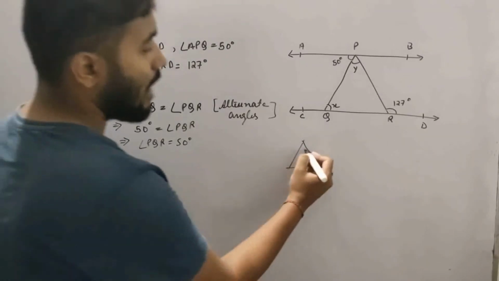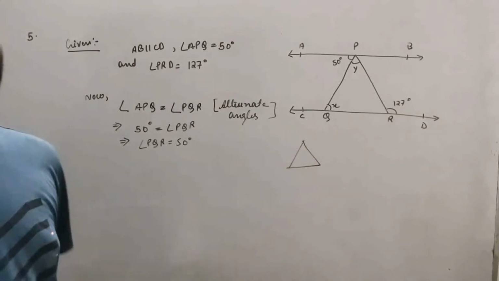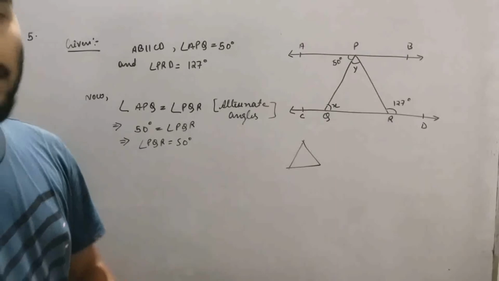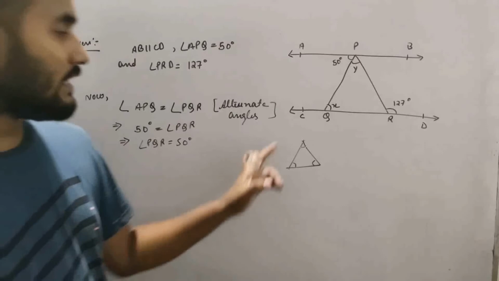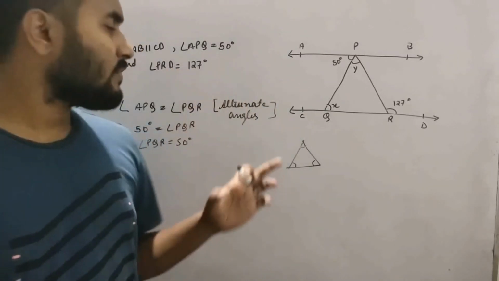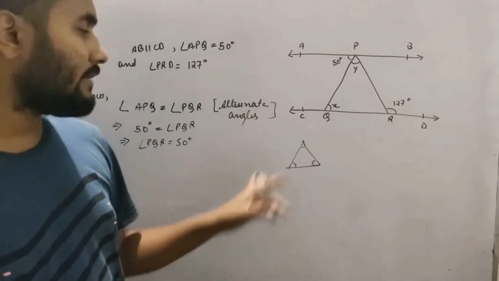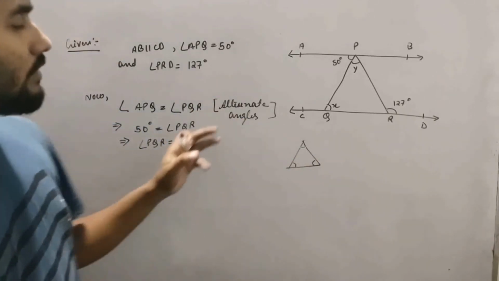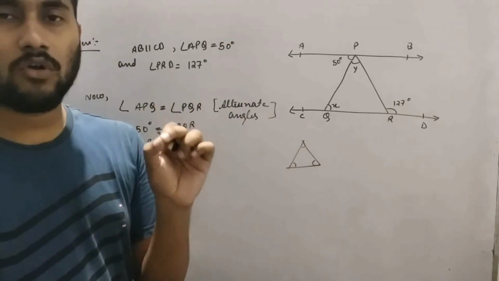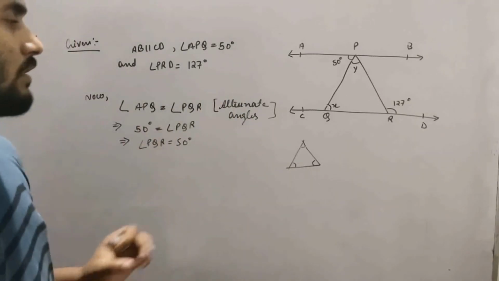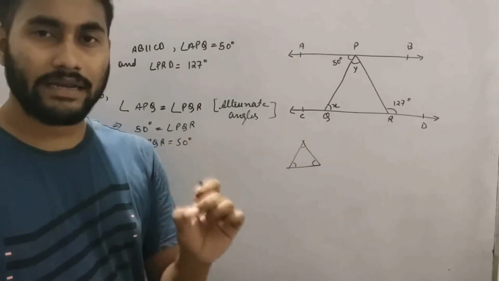In a triangle, how many sides are there? 3 sides. Side number 1, side number 2, side number 3. So how many angles are there? 3 angles. This angle, this angle, this angle. So the rule is: if you add all the angles of a triangle, a triangle has only 3 angles, the sum is always 180 degree.